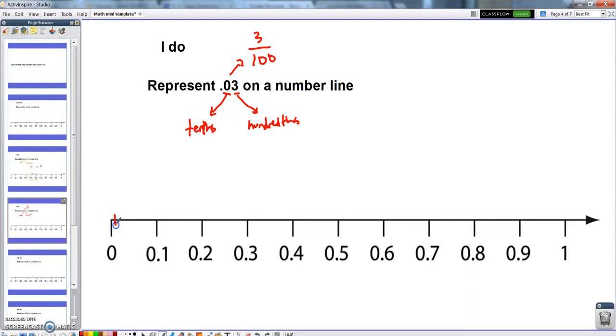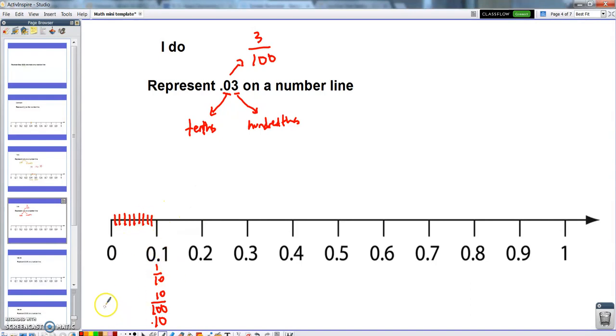No hundredths, 1/100th, 2/100ths, 3/100ths, 4/100ths, 5, 6, 7, 8, 9, 1/10, or I can think of it as 10/100ths. So that's all the same thing there.